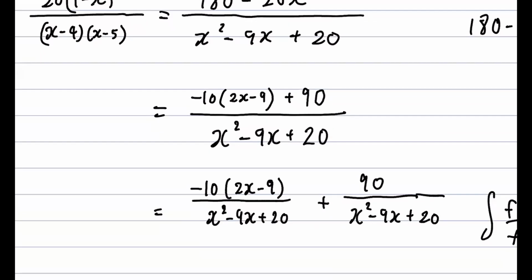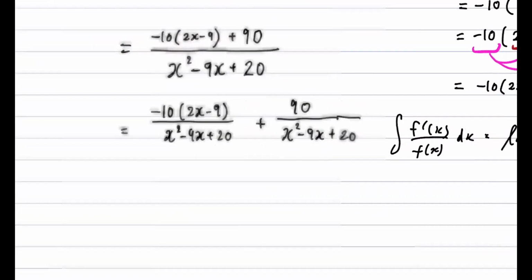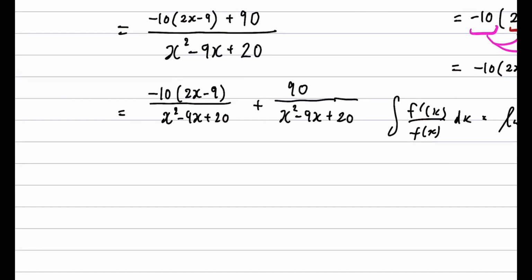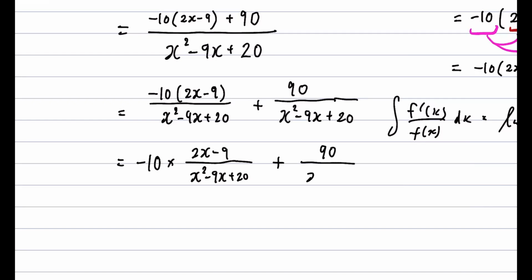Work backwards, huh? Not very normal. Normal people will add two fractions to become one. Here, you need to split 1 into 2. And then you can split that up further. Negative 10 multiplied by 2x minus 9 over x squared minus 9x plus 20, plus 90 over x squared minus 9x plus 20.